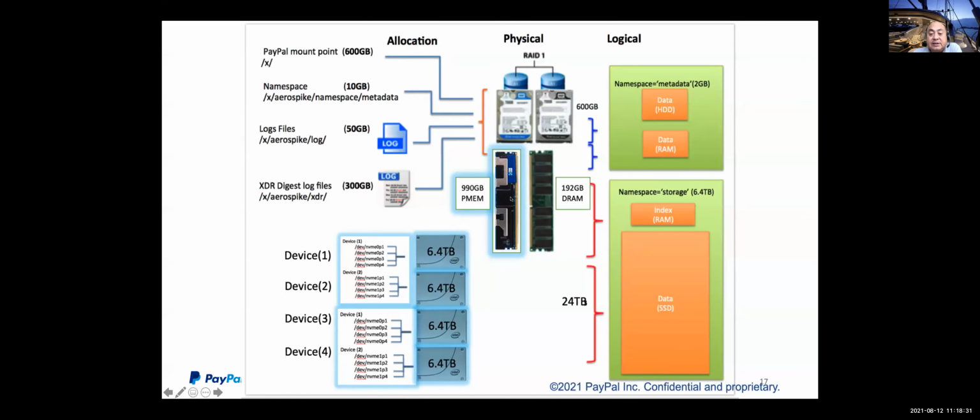Now the PMEM fits nicely into our DIMM slot. So in our hardware configuration, we purchase additional PMEM in addition to the DRAM, and we just put them into the DIMM slots. Now, I don't want to go into the detail of the configuration since it's not really relevant to the main theme of the presentation.